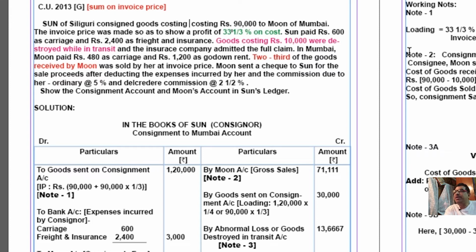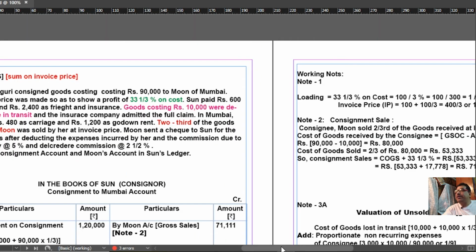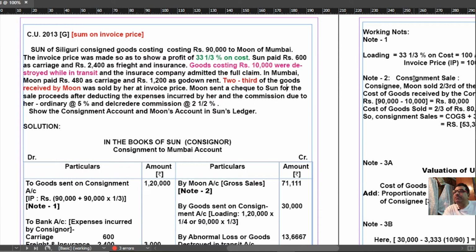The invoice price was made so as to show a profit of 33 and 1/3%. Naturally, you can get an idea that it is only a problem of invoice price, because goods are sent to the consignee at an invoice price, showing a profit of 33 and 1/3% on cost.